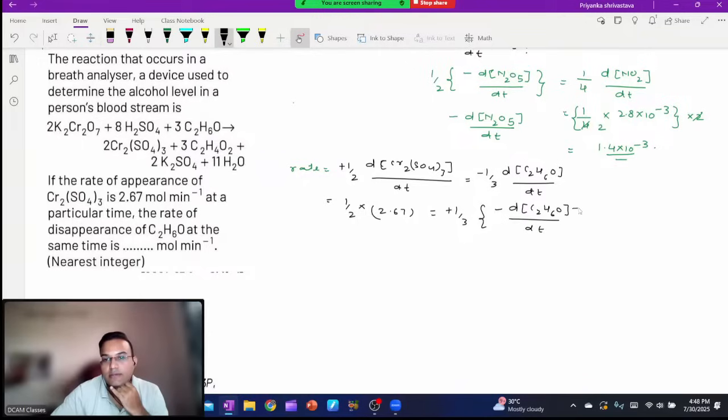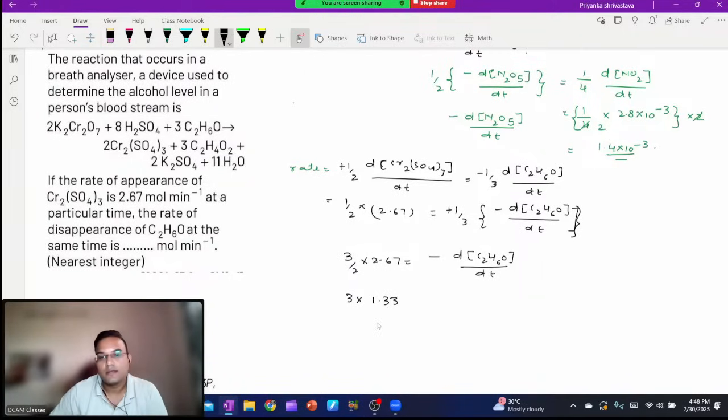You just have to do this: 3/2 into 2.67 will be equal to minus d of C2H6O divided by dt. Calculate this, 3 into 1.33, 3.9, approximately 4. Your answer.